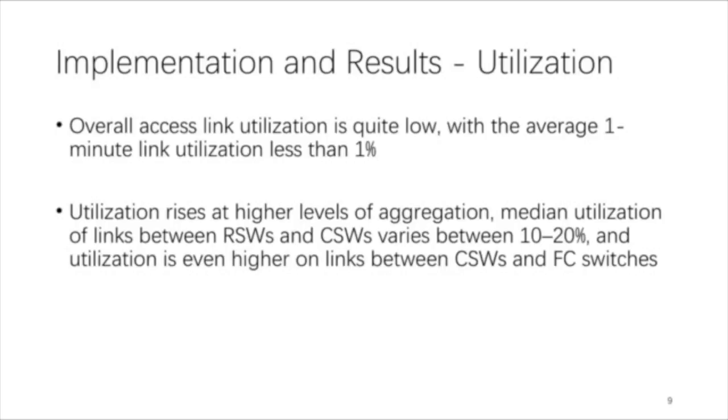So now let's look at the results. First is network utilization. So the overall access link utilization is very low. It's only about 1%.